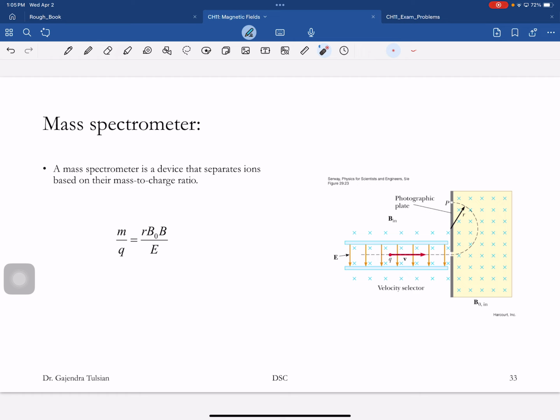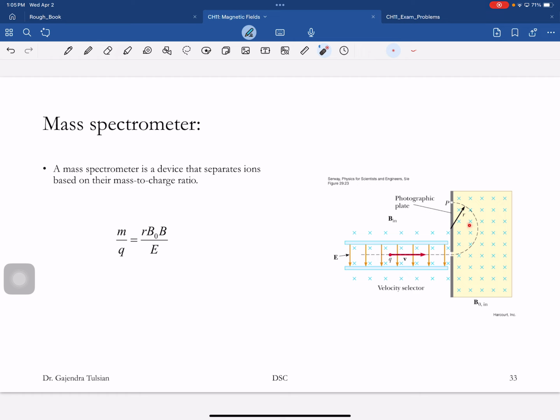The heavier the ion, given the magnetic field, the bigger the circle it'll go in. So this radius is related to the mass of the ion. The mass of the particle divided by its charge is proportional to the radius.